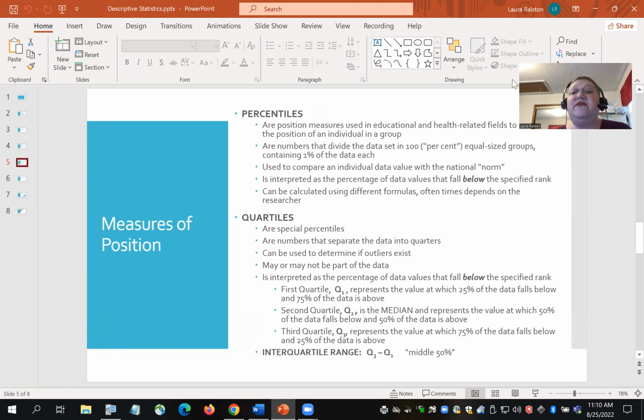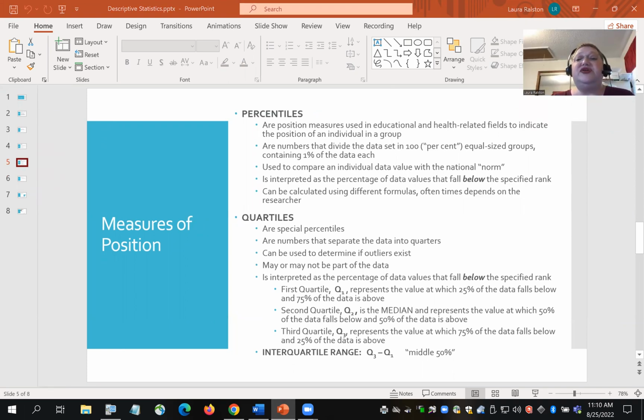Percentiles are a measure of position. They're used a lot, especially in education and a lot of health related fields. I know when I used to take my daughter to the pediatrician when she was young, one of the things they always looked at was the relationship between her height or her length and her weight to see, is she growing normally, or was she below average or perhaps above average?